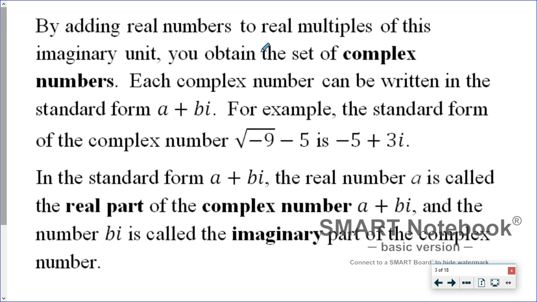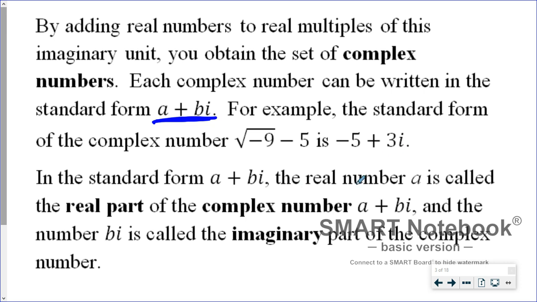By adding real numbers to real multiples of i, you obtain the set of what we call complex numbers. Each complex number can be written in the standard form a plus bi. That's very important. For example, the standard form of the complex number, the square root of -9 minus 5, is -5 plus 3i.